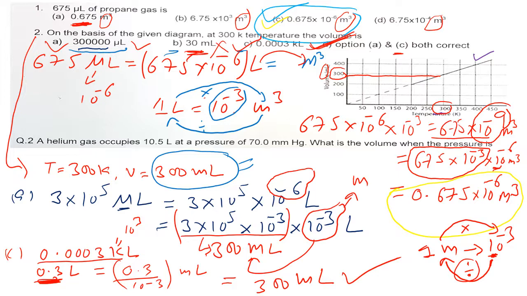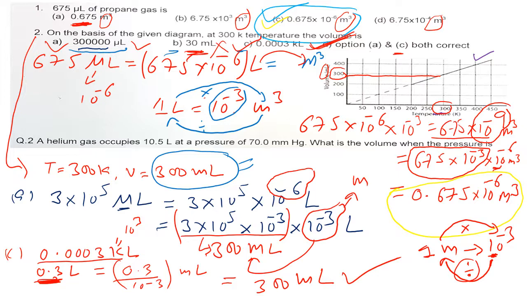For this type of question, where in the options more than one option is correct, first you check whether this number is equal to 300 milliliter or not. So you have to check option A and option C, whether it is coming 300 milliliter or not. So here I am taking this option A.